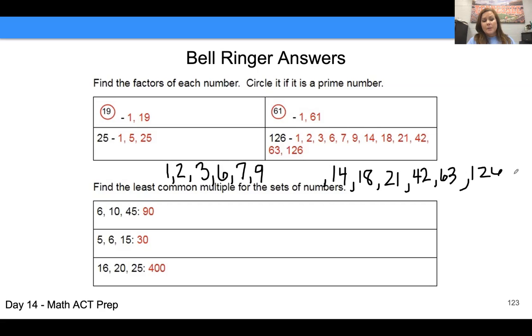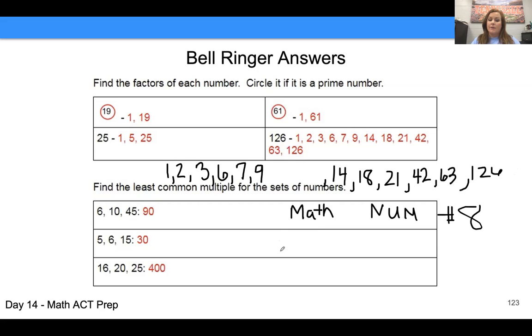Least common multiple, again, you can go into your calculator. On a TI-84, it is Math, then you arrow over to Num, and then it is option 8.